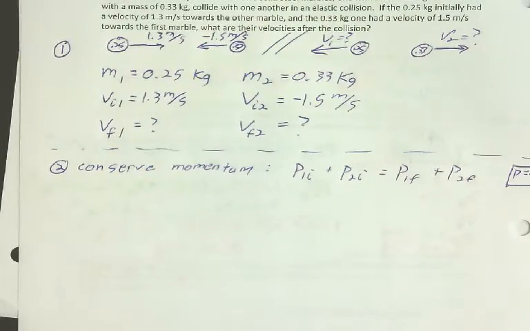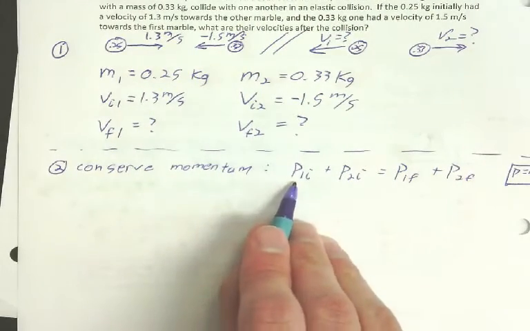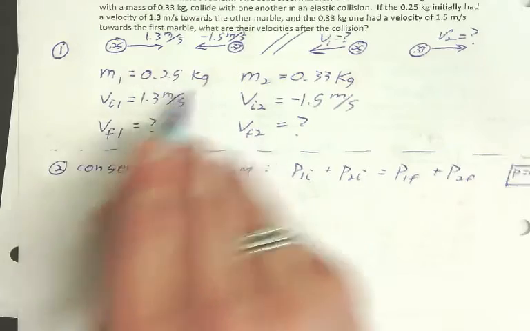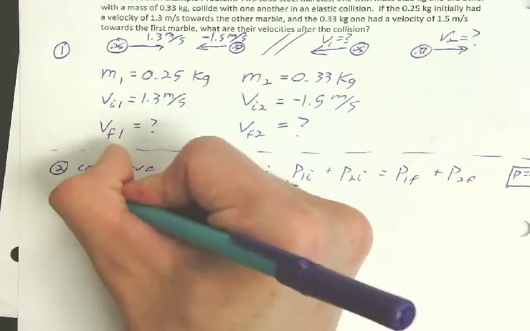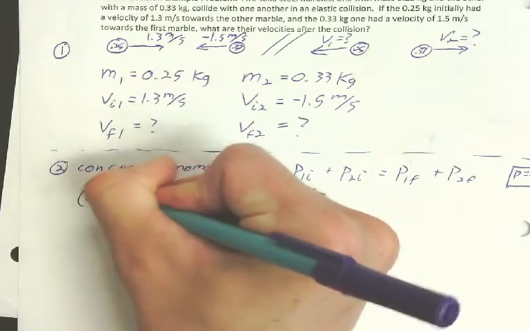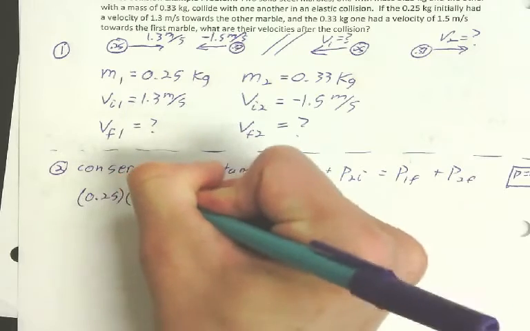So all I'm going to do is a whole bunch of P equals mv's. First P equals mv is the initial for 1. So mass times the initial velocity for 1. So that is 0.25 times 1.3.